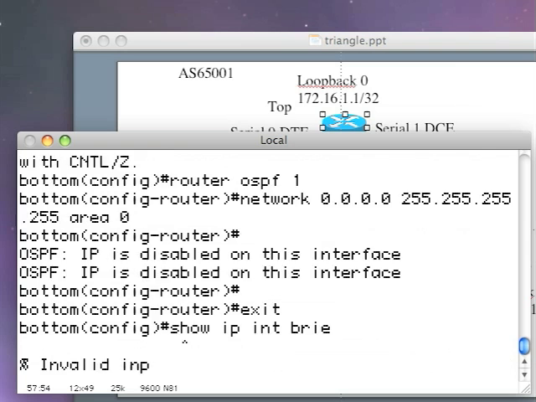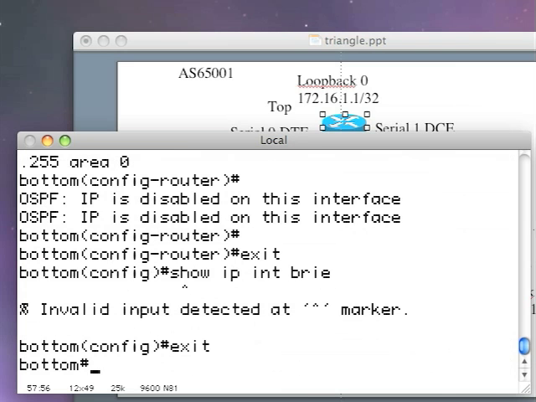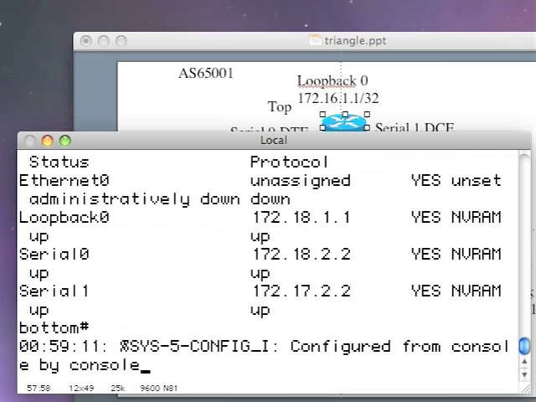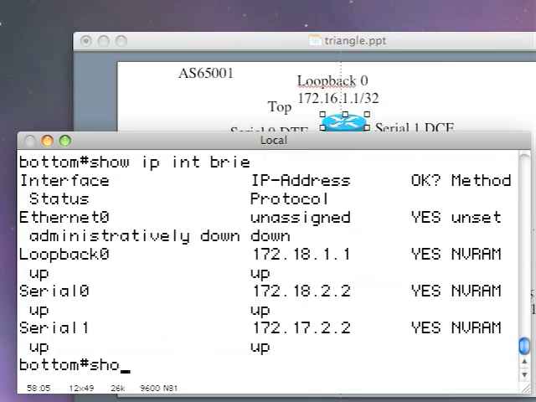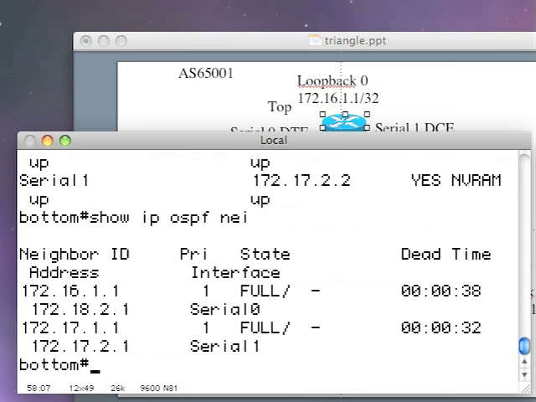Show command brief. Why is it telling me? Okay, well, OSPF came up. It formed full neighbor relationships with both of the other routers.